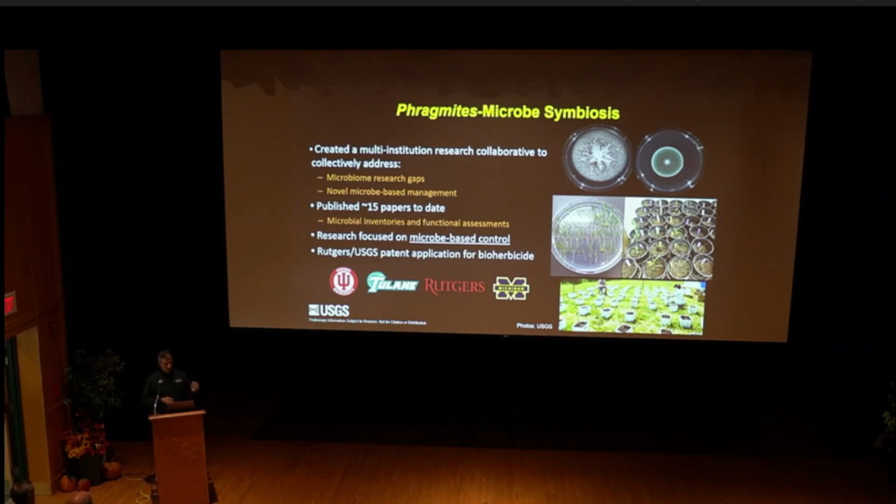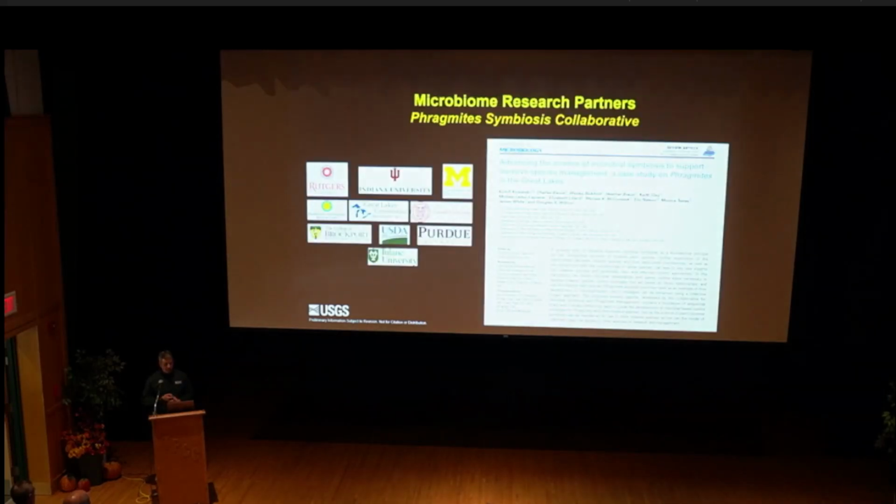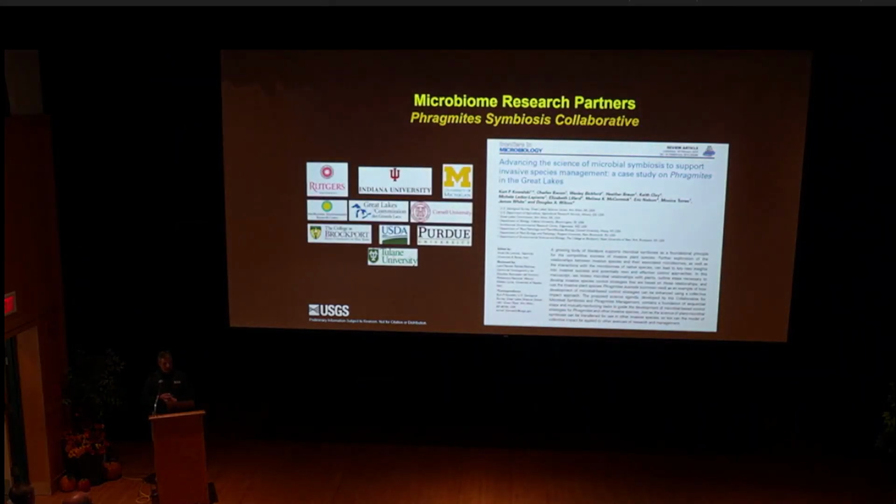We worked with Jim White at Rutgers University. We've actually worked on a patent application for a non-toxic bioherbicide that I'll talk about in just a second here. But that group, that symbiosis collaborative, is ultimately what we call it.